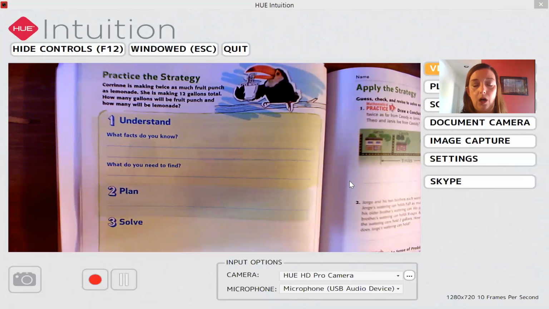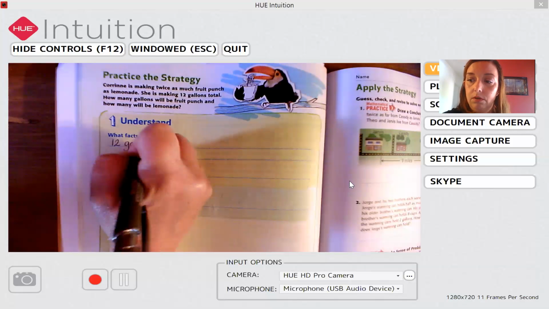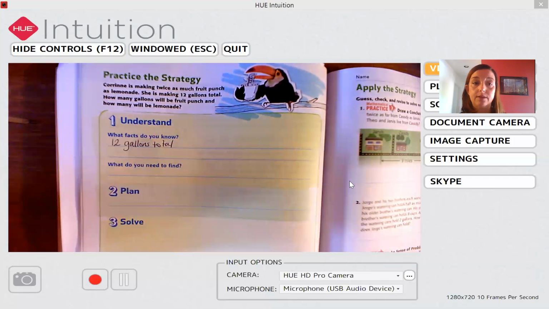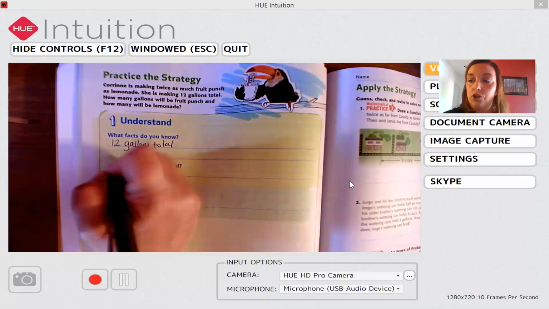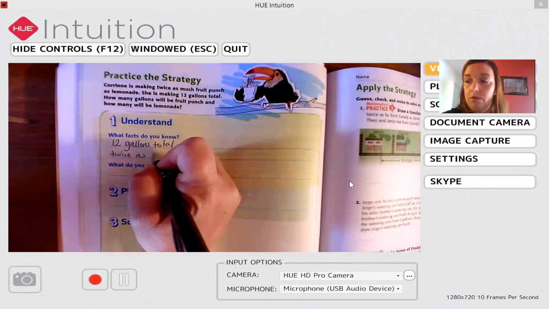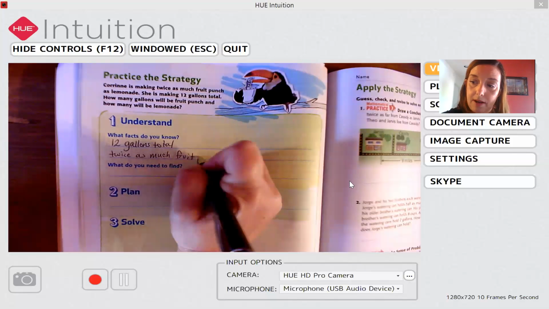So we know that she's making 12 gallons total of the 2 types of drinks. And we know that she's gonna make twice as much fruit punch as lemonade.